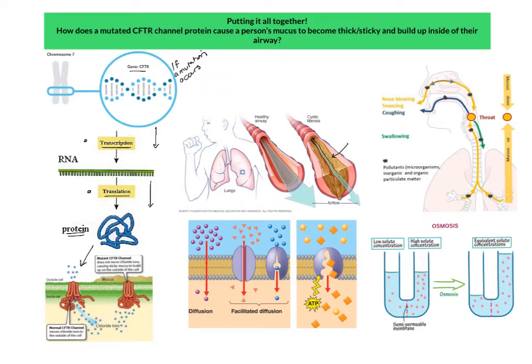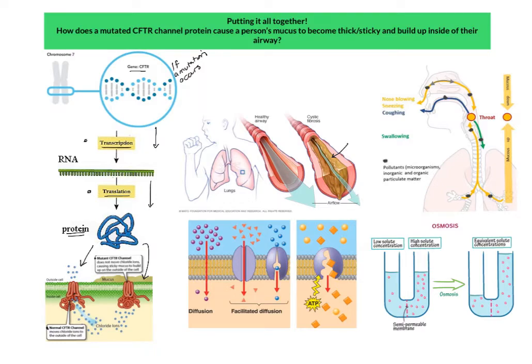All of those things will lead to a mutated CFTR channel. And visually, you can see there's a slightly different shape to these two proteins. This is the normal CFTR channel protein, and this is the mutated CFTR channel protein that was caused by a change in the gene sequence. So that's where we started, assignments 1 through 4.